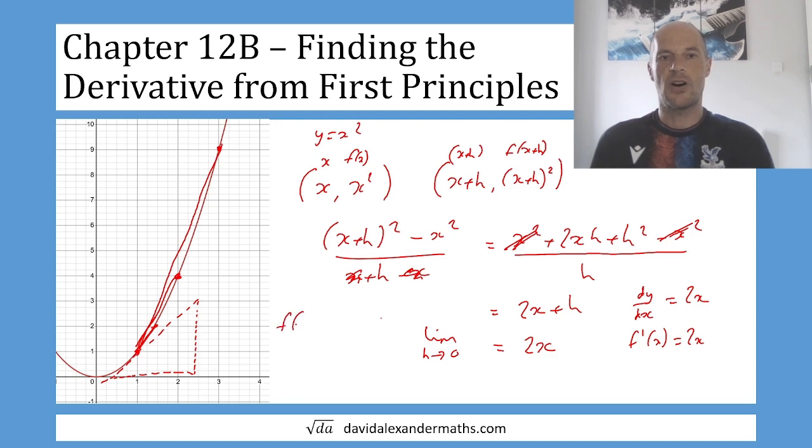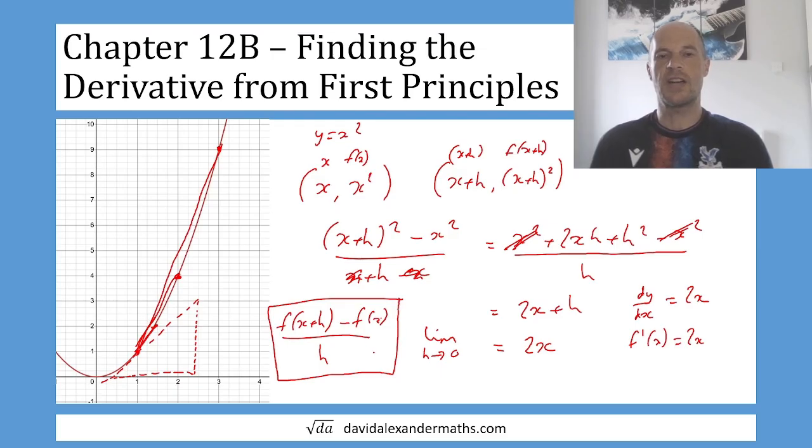It's f of x plus h minus f of x, so change in y, over the change in x, which is x plus h minus x, and of course the x's cancel out as we've seen before. So this is the formula we use to work out the derivative from first principles: the function of x plus h minus the function of x, all over h.